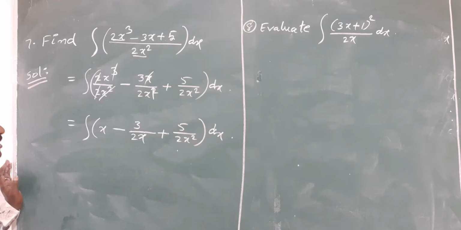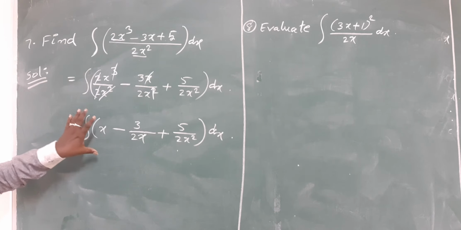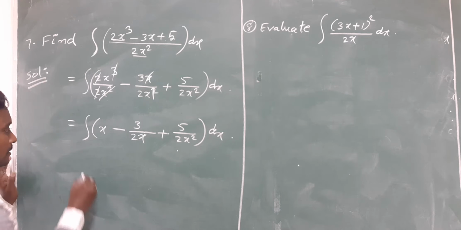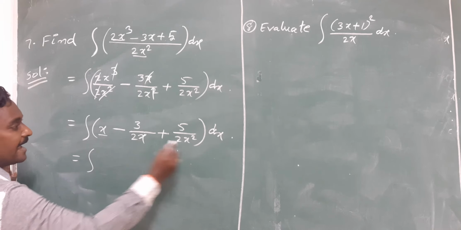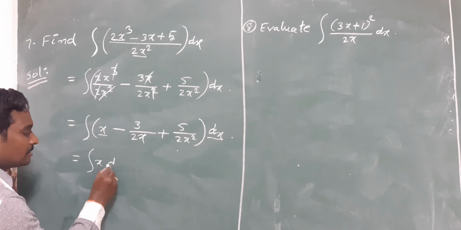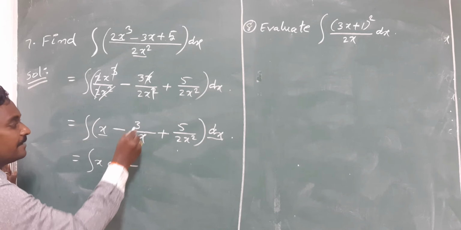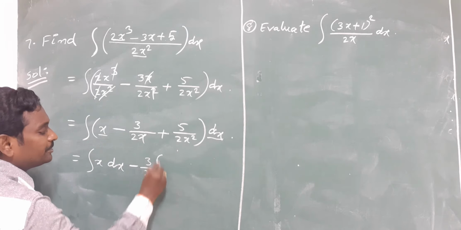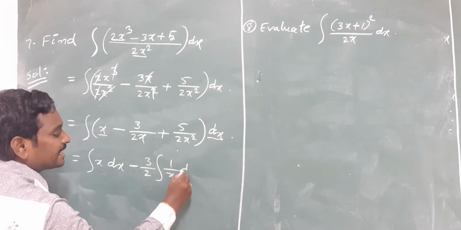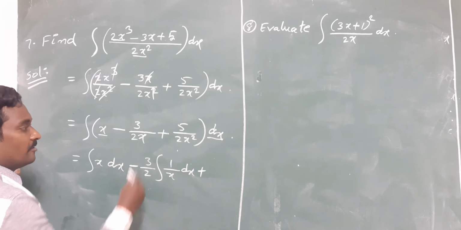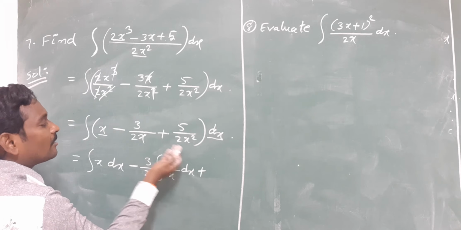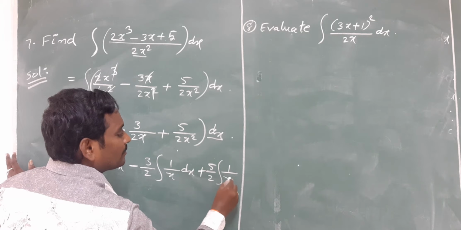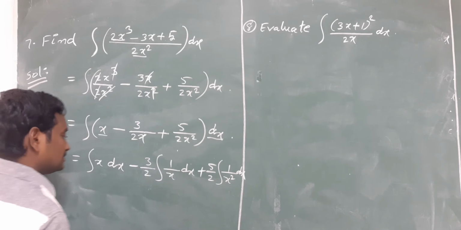You should reduce the given problem in this way. Now separate the terms by using the linear property. Integral x dx, this is the first term, minus 3 by 2 is the constant term, take it outside of the integration: 3 by 2 into integral 1 by x dx, plus 5 by 2 is the constant term, take it outside: 5 by 2 of integral 1 by x square dx.